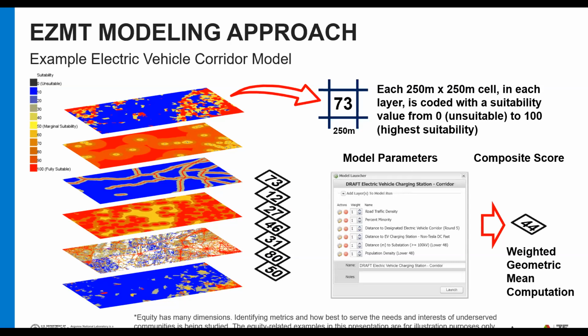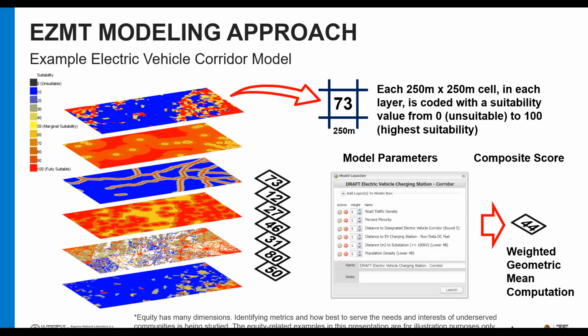You might want to stay close to the EV corridors, etc. And what the tool does is let you combine those. And if you look at that dialog there, there's a column for weight. So you can say this layer is more important than the others, and it'll be weighted stronger in the model. And then that gear icon, if you click that, you can fine tune the suitability settings within each layer.